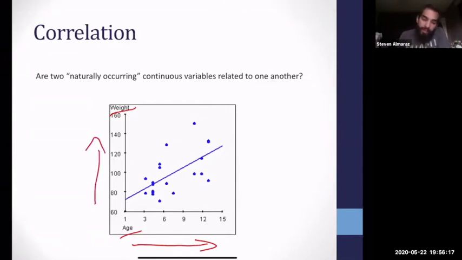And that's why this line goes in an upward direction. If it was the case that the older you got, the less you weigh, maybe that's true like at the end of life, then the correlation will go downward like that. Younger folks with relatively high weight, and older folks with relatively low weight. All right?